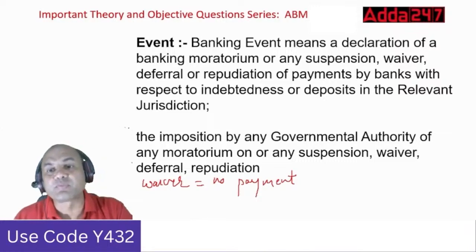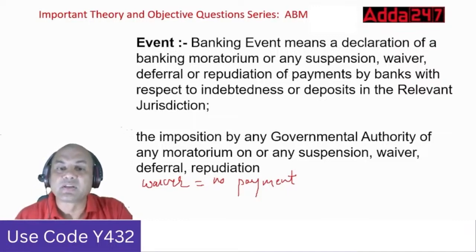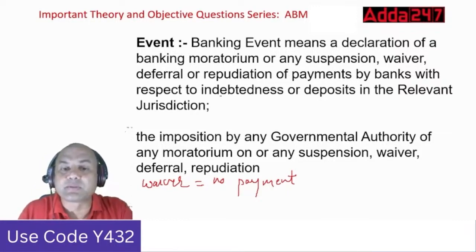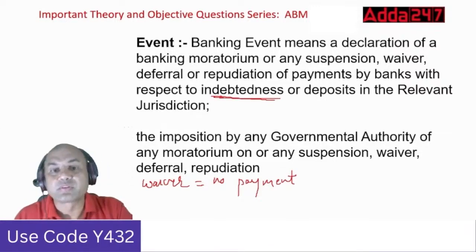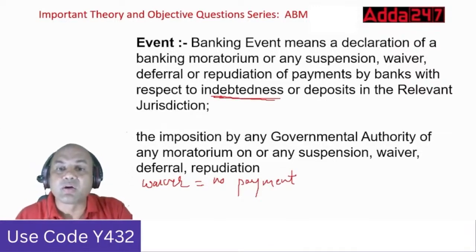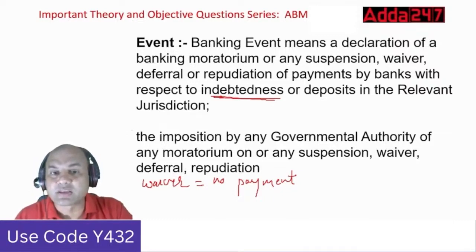Deferral, repudiation of payments by banks with respect to indebtedness or deposits in the relevant jurisdiction. With respect to indebtedness means somebody has a loan but is not able to pay it. So that is known as either a waiver or a suspension, right? Next, the event means the imposition by any governmental authority of any moratorium on or any suspension, waiver, deferral, repudiation.